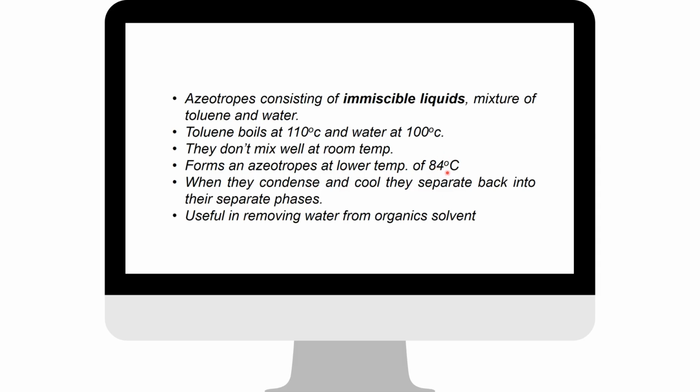After formation of the azeotropic mixture, the boiling point is reduced and it boils at 84 degrees Celsius, right? Once they boil, the vapor reaches the condenser, and the condenser separates it back into two separate phases. In this way we can collect the aqueous phase and note down the water content.